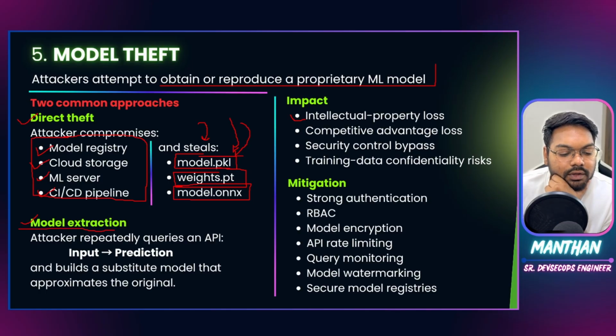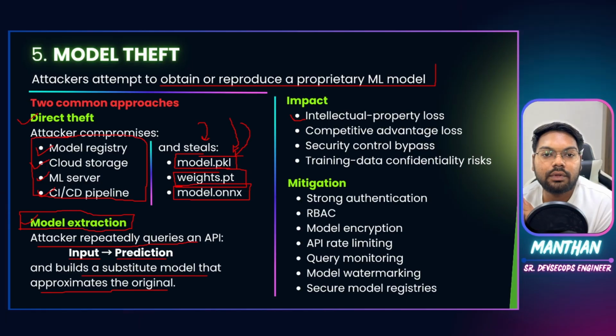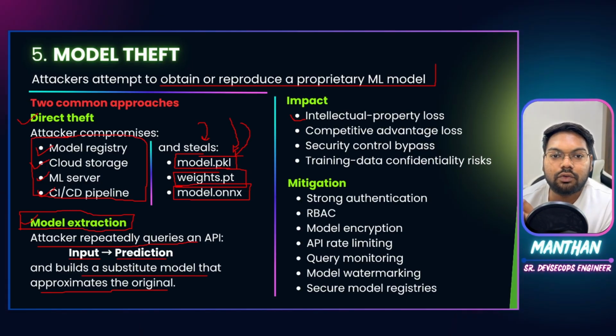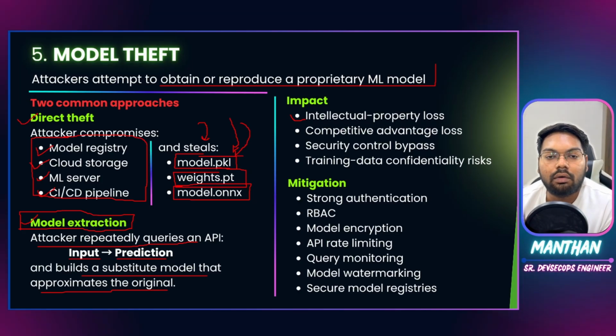So then model extraction is another method wherein someone can steal your model, wherein an attacker repeatedly queries an API where the input gives out a prediction, and then builds a substitute model that approximates the original. So it feeds it inputs, sees what output it gets, and then tries to build the same thing for his own purpose. So let's say ChatGPT is there. You can ask it, tell me how to build a garden or how to grow some vegetables in a garden.